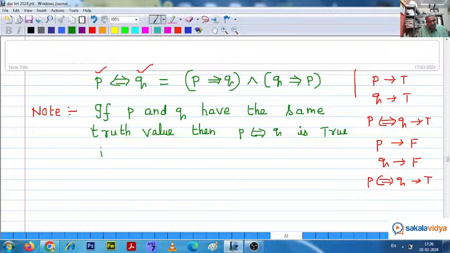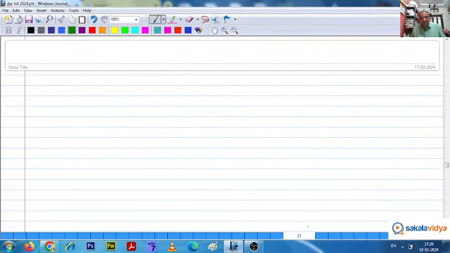In other cases it is false. Just remember this. With the help of this, we can prepare the truth table for the biconditional.